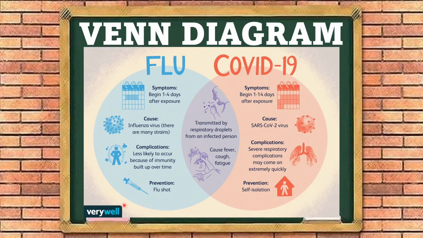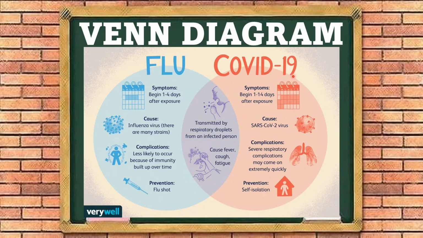A Venn diagram uses overlapping shapes, usually circles, to show or represent the similarities and differences between two or more items or concepts. In using a Venn diagram, first, write down the topics being compared on top of each circle. In this example, flu and COVID-19 are being compared.